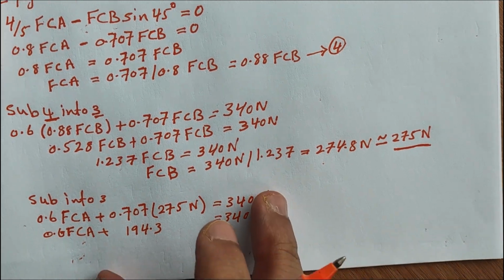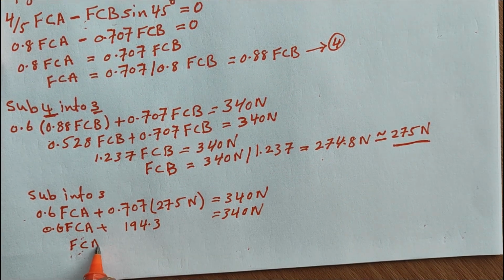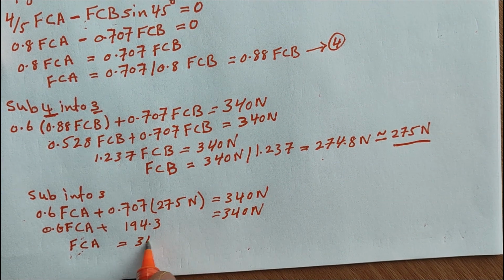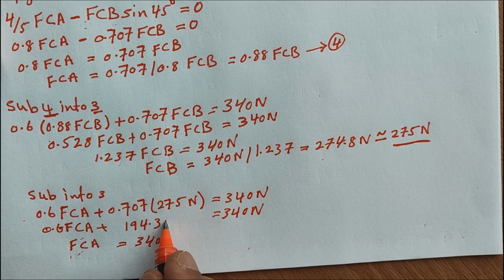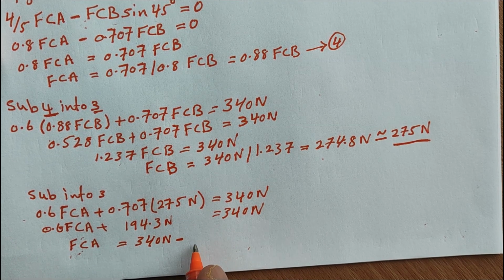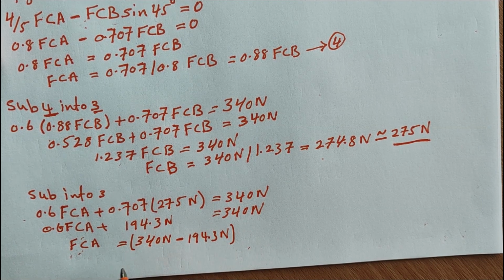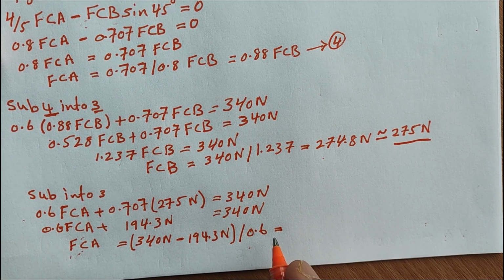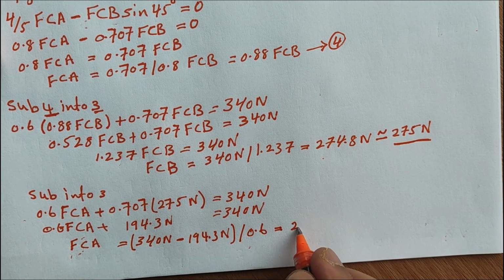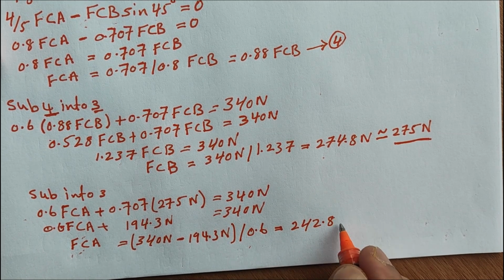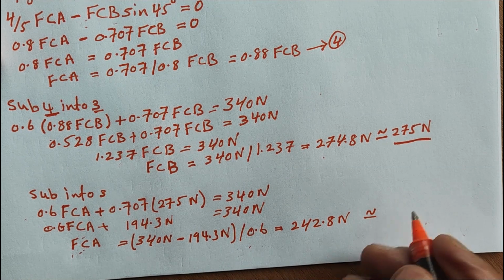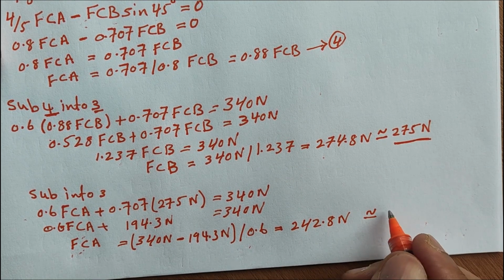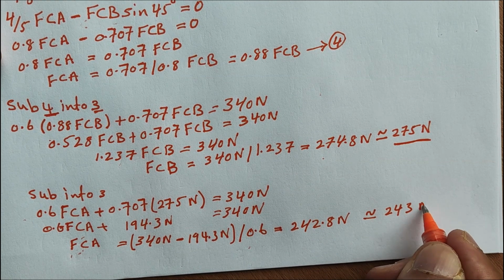So FCA equal to 340 Newton minus 194.3 Newton, all divided by 0.6, and this should equal 242.8 Newton, which is roughly 243 Newton.